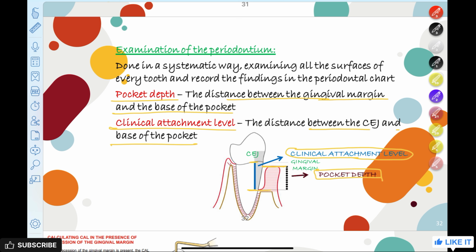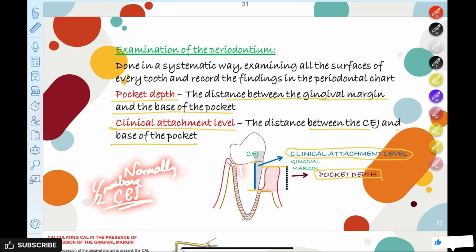So first of all, examination of the periodontium is done in a systematic way, examining all the surfaces of every tooth and recording the findings in the periodontal chart: pocket depth and clinical attachment level. Note that normally the gingiva is 1 to 2 mm above the CEJ.